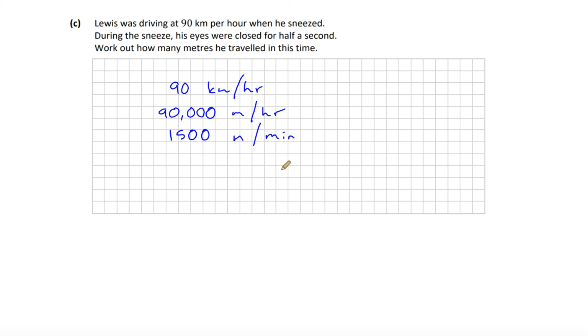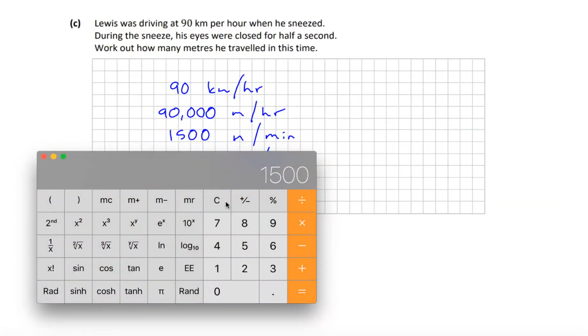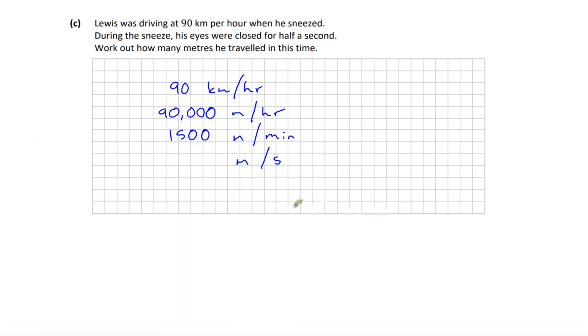But we want it in seconds, so we divide by 60 again. To get it in meters per second, we're going to divide by 60 because there's 60 seconds in a minute. So 1,500 divided by 60, and that's 25.